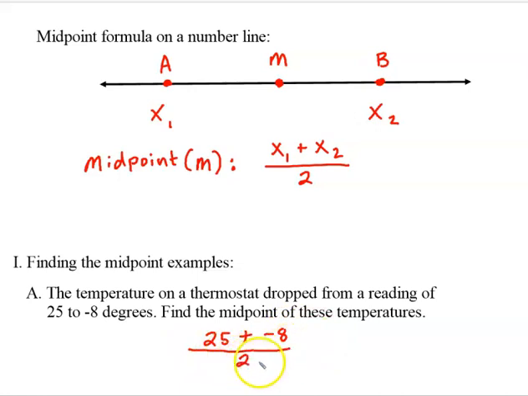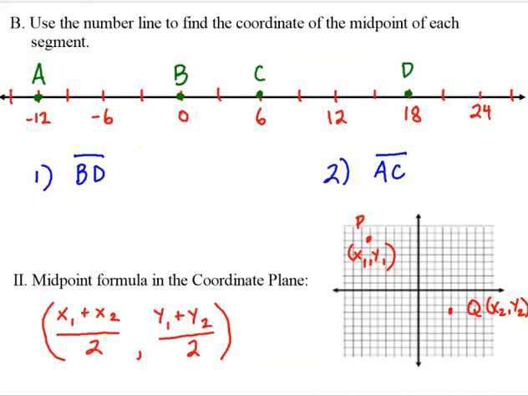And then you divide by 2. And the 25 plus -8, of course, is 17 divided by 2. And in decimal form, that would be 8.5 degrees. Or you could have used the degree symbol there. So 8.5 is the midpoint between those two end points.